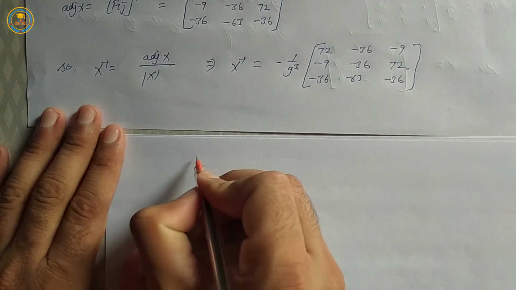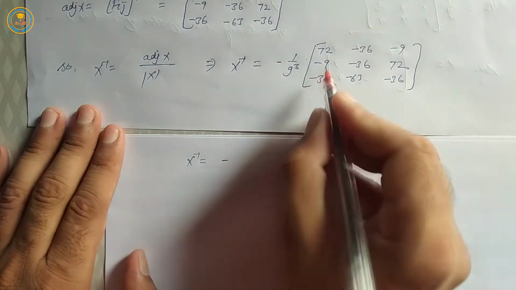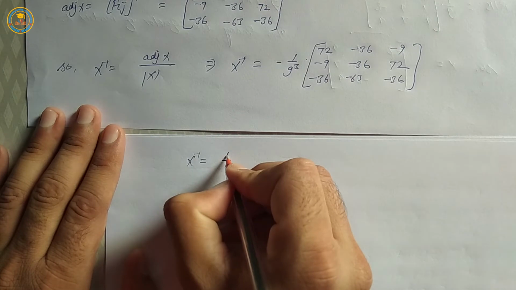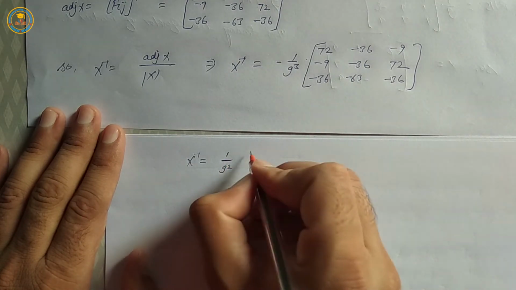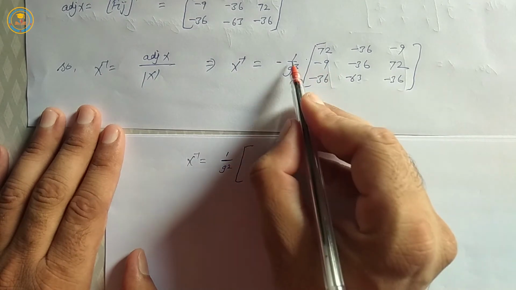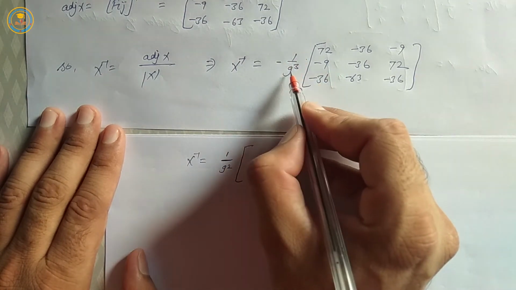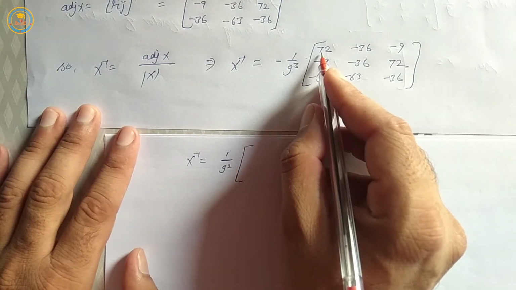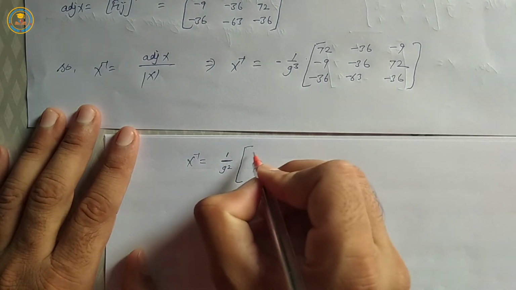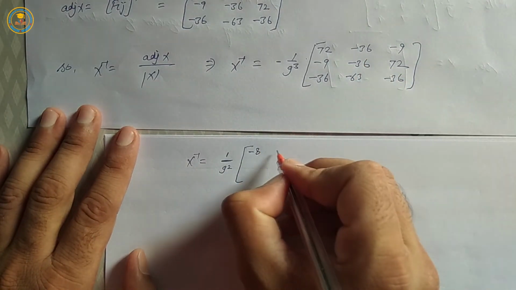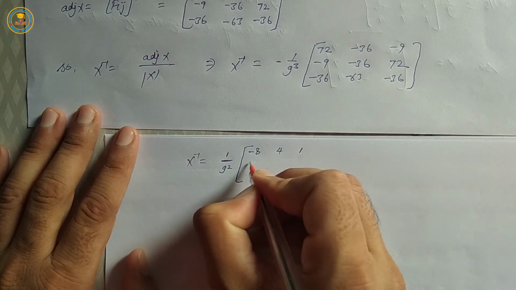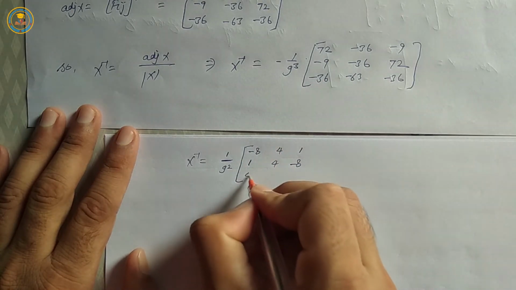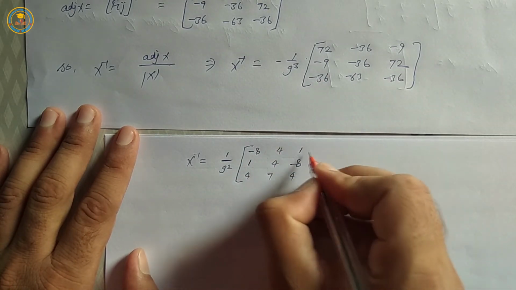Minus 9 common, X inverse is equal to minus 9 common, minus minus plus, 1 upon 9 to the power 2, 9 cancel, into the matrix [-8, 4, 1; 1, 4, -8; 4, 7, 4].